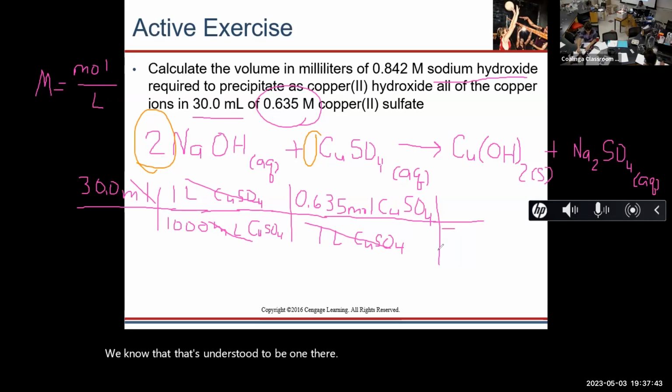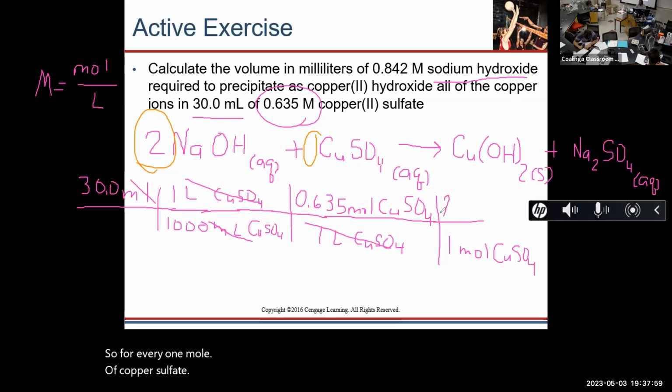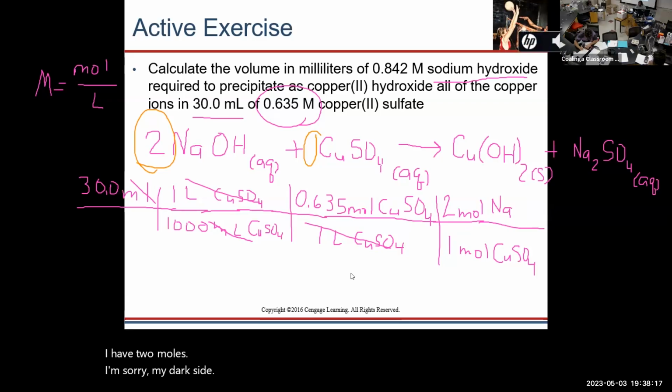So for every 1 mole copper sulfate, I have 2 moles of sodium hydroxide. Okay, so that gets rid of moles of my copper 2 sulfate.